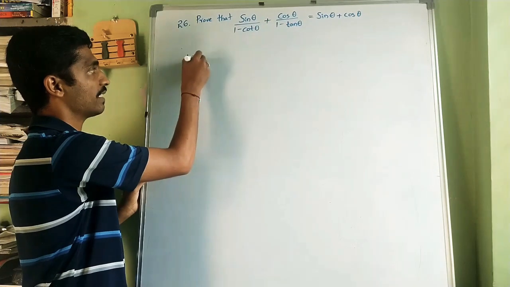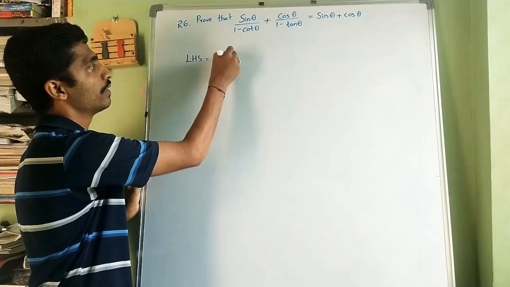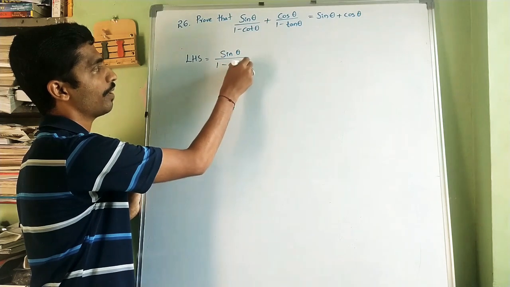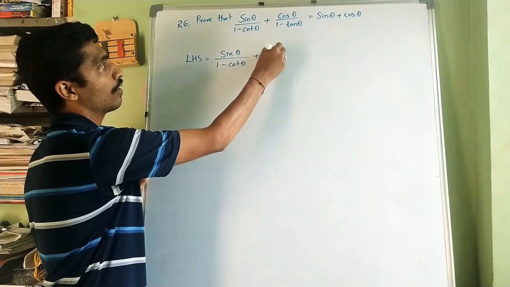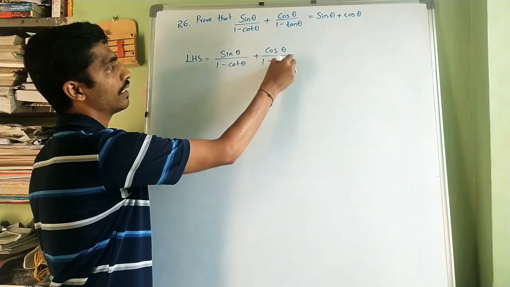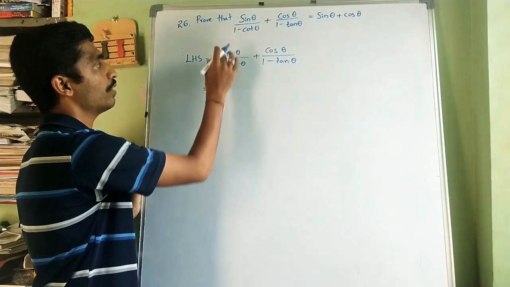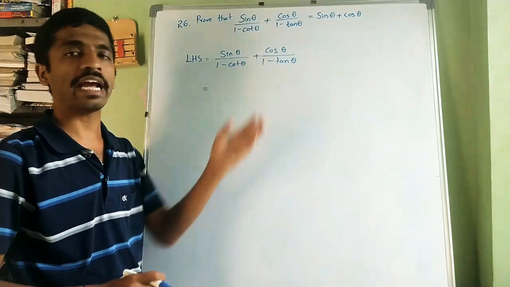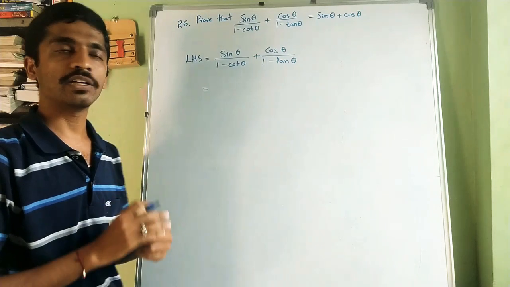So let's take LHS equal to sin theta by 1 minus cot theta plus cos theta divided by 1 minus tan theta. Okay, so here sin and cos are there. So the better way is to change cot and tan in terms of sin and cos.